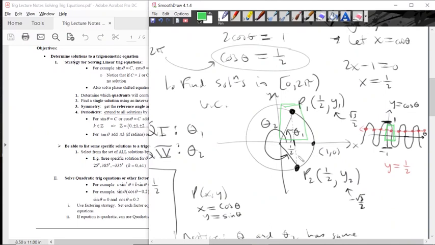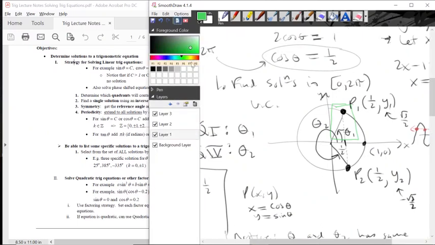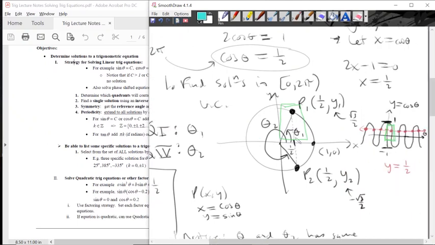Now we also want to know what this solution is going to be in quadrant 4, the theta 2. How do we find theta 2? That's quadrant 4. That's a positive quantity, less than 2 pi. That would be this solution right here that we're looking for next. After that, we can start adding full periods to each.